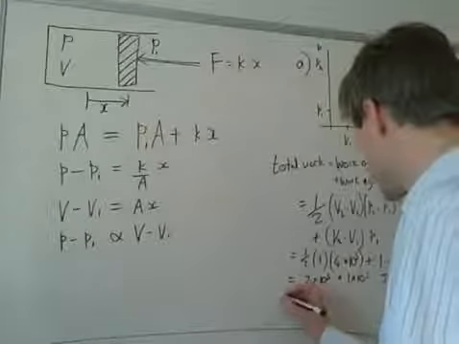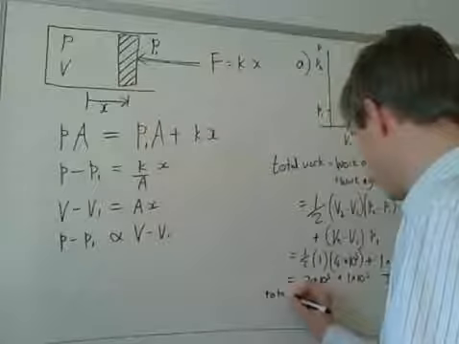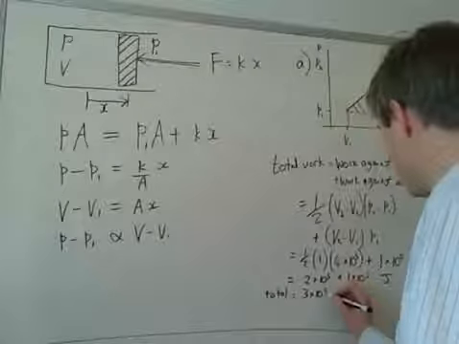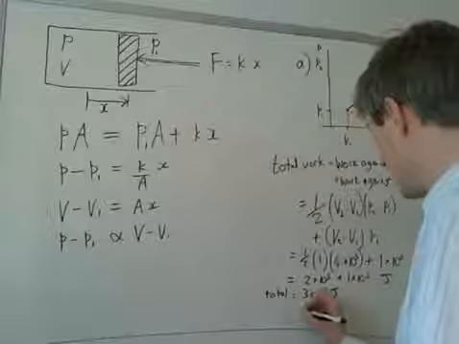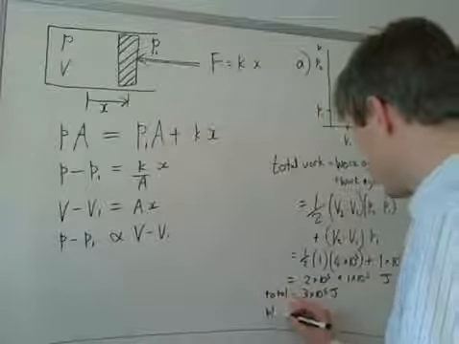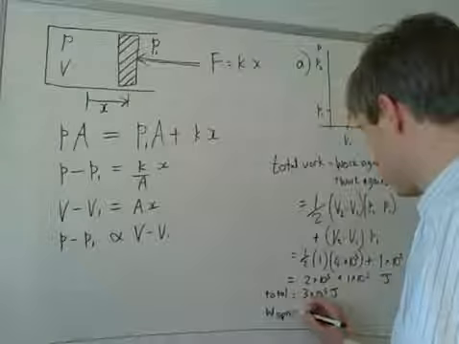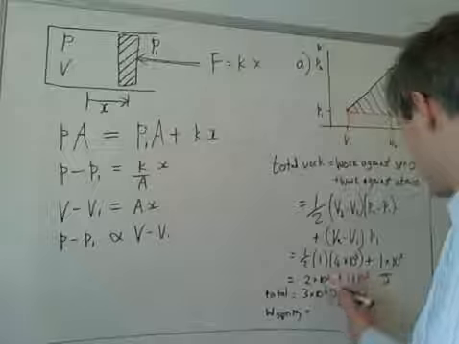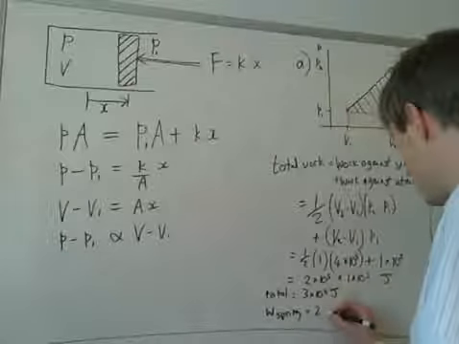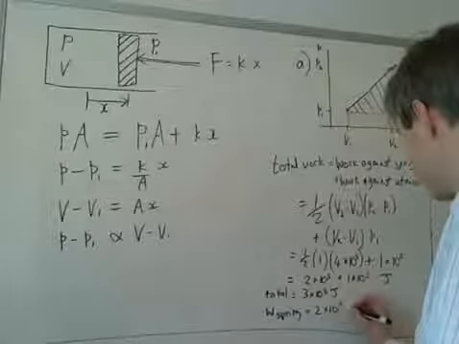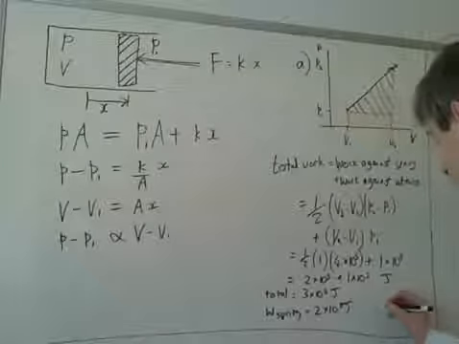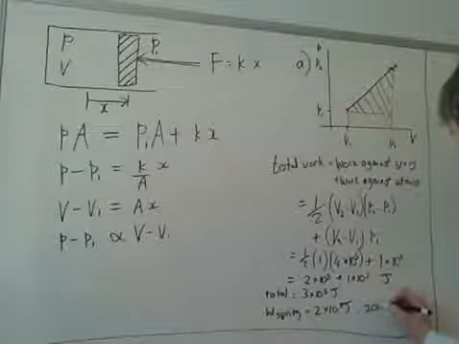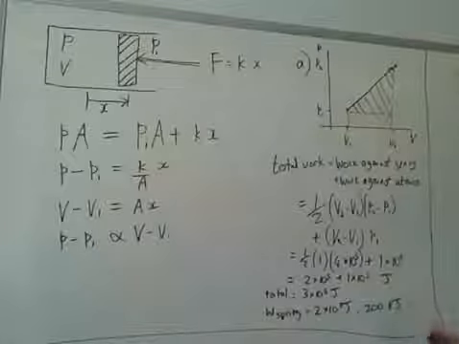So the total work done is going to be 3 times 10 to the 5 joules. And the work done against the spring is just the first part of this, which is 2 times 10 to the 5 joules, or we could convert that into kilojoules, which is 200 kilojoules.